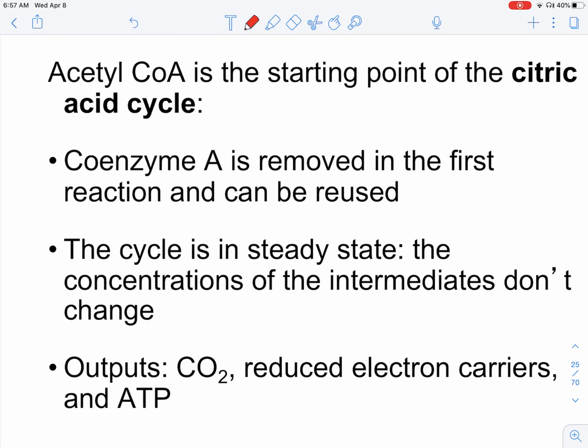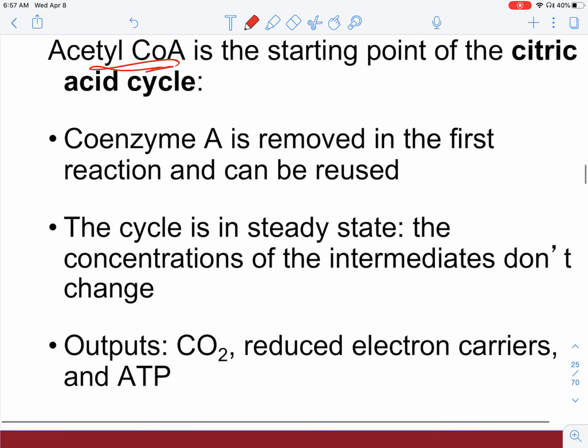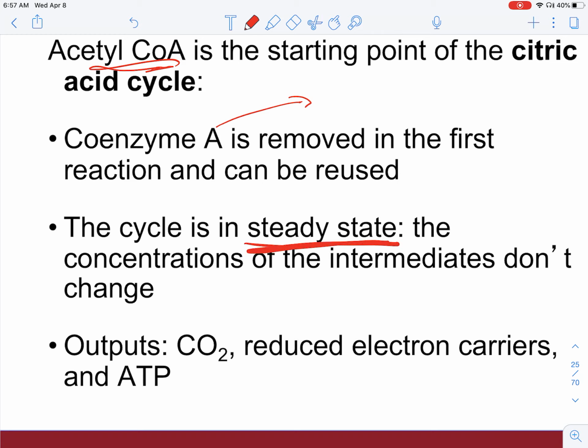So this is a breakdown of what is going on. You start the cycle with this acetyl-CoA coming in. The coenzyme A is chopped off, and then that goes back to pick up another acetyl group. And for cycles, they're in what's called a dynamic steady state.